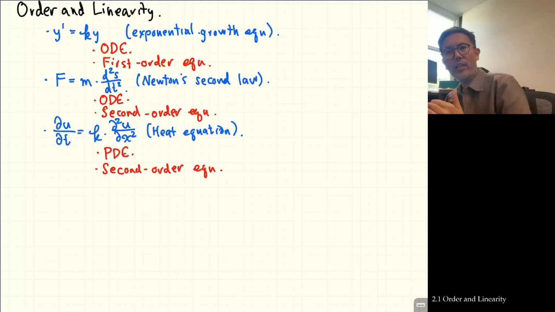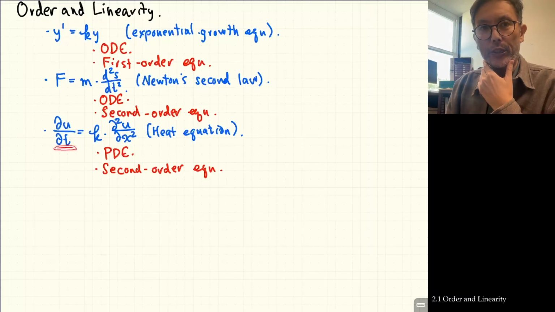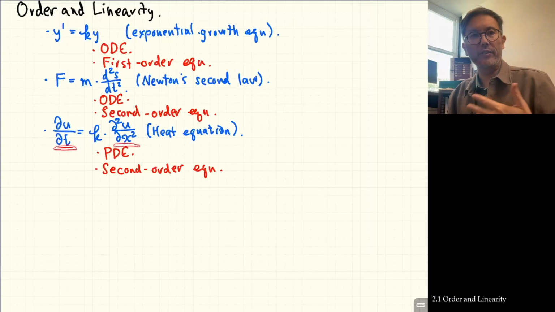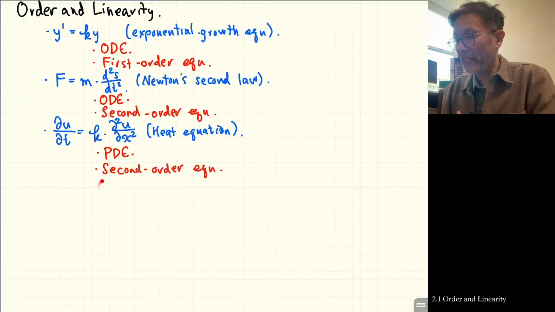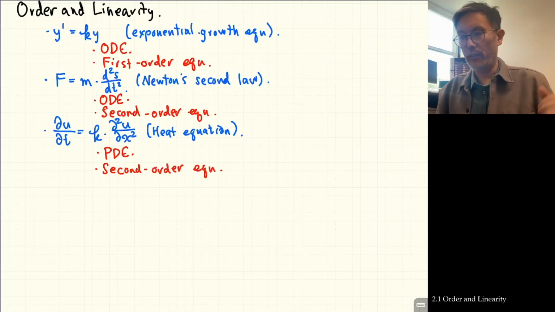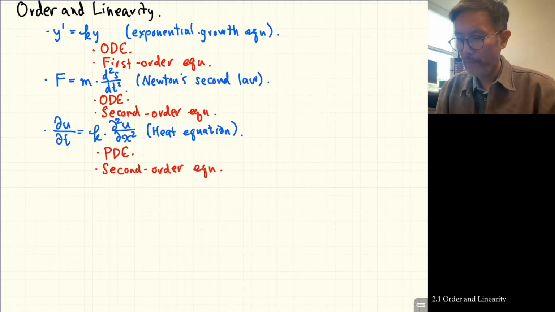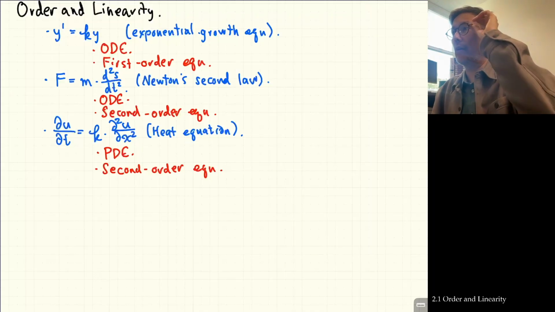Okay, it's second order despite having a first derivative in the mix, right? This mixes both the first derivatives and the second derivatives of u. But nonetheless, we take it to be a second order equation because the highest order derivative which appears in the equation is a second derivative. And so if we wanted to make a definition out of this, that would be very simple.